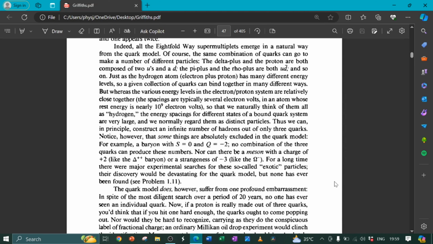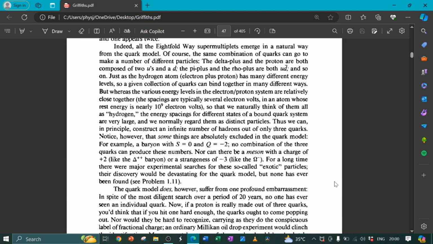Notice, however, that some things are absolutely excluded in the quark model. For example, a baryon with S equals 0 and Q equals -2. No combination of the 3 quarks can produce these numbers. Nor can there be a meson with a charge of +2 like the delta++ baryon, or a strangeness of -3 like the omega-.